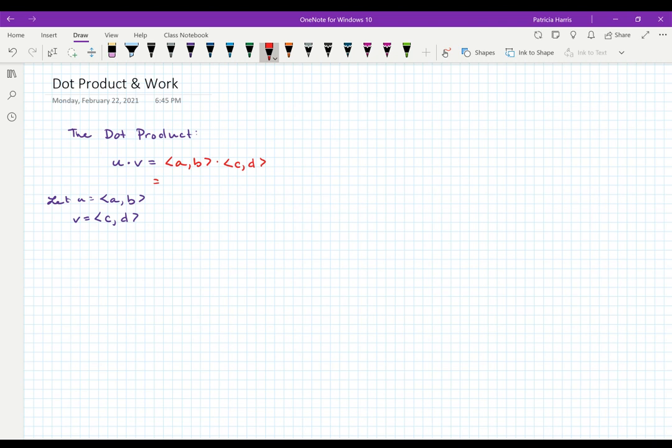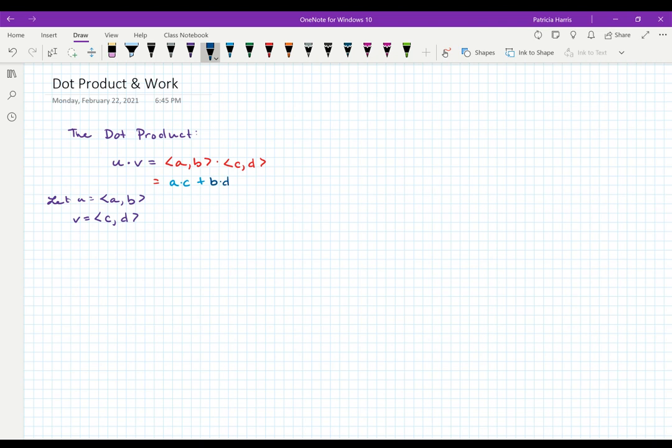And then it is a combination of multiplication and addition. So you're going to multiply the two horizontal components, a and c. And then you're going to add to the product of the vertical components b and d.